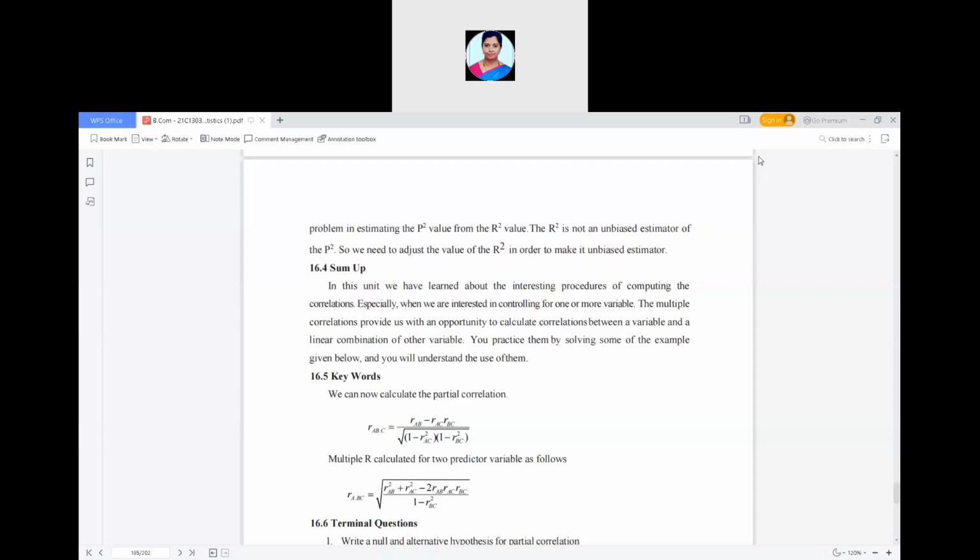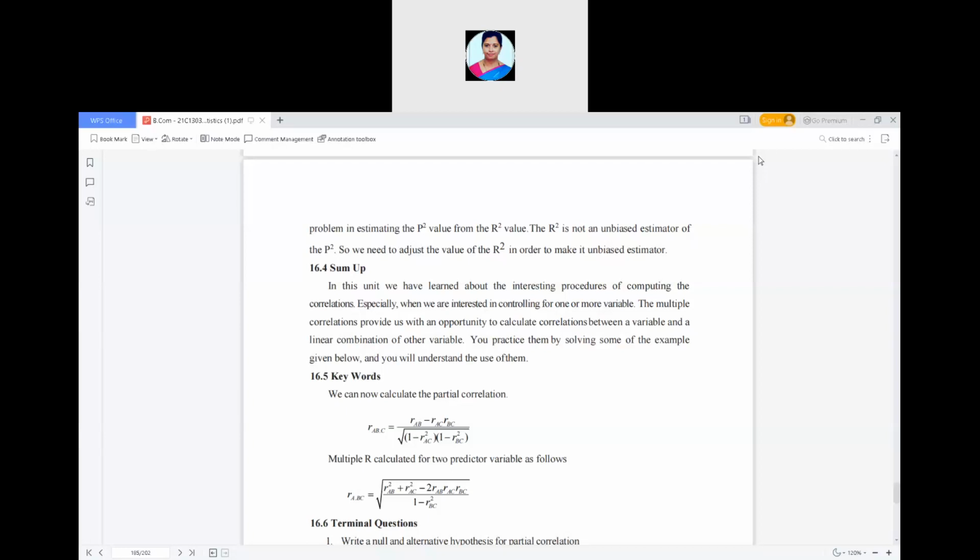Here RAB is the correlation between A and B, RAC is the correlation between A and C, and RBC is the correlation between B and C. So we take the formulas in this manner.